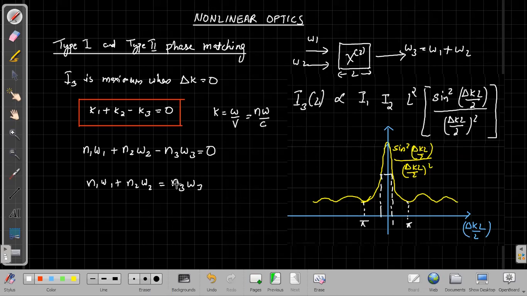The first thing we'll do is check whether it is possible to achieve this condition. That is the question we are asking. Is it possible to achieve this phase matching condition?